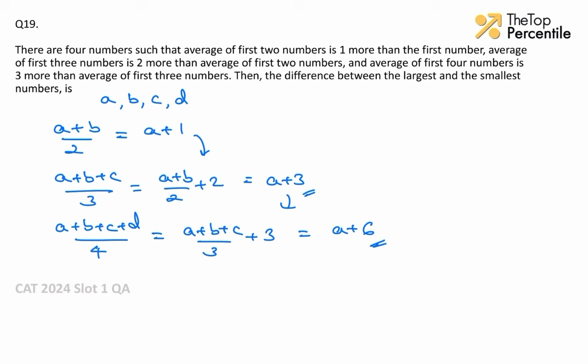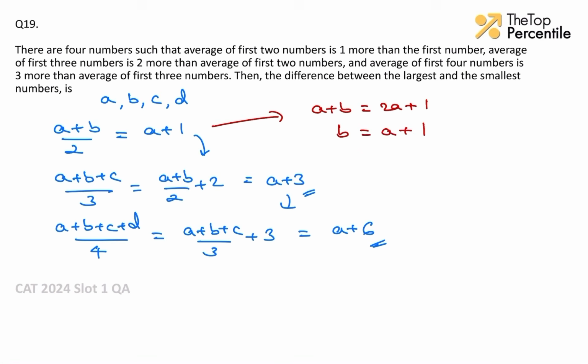Okay, fine. So let me first simplify these equations that we have. So let's take this one first. So this will be A plus B equals 2A plus 1, which will give me B is equal to A plus 1.